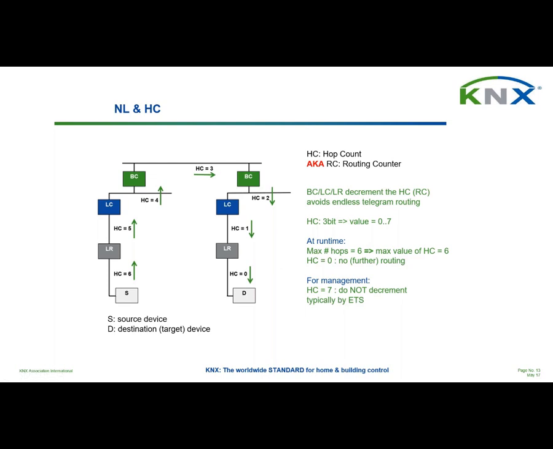Because then we are sure that even if there would be some mistakes in the topology, the target device will be reached and will be programmed, because that is at that moment more important than the topology mistake, so to say. So that's why hop count 7 in that case is perfectly legal.